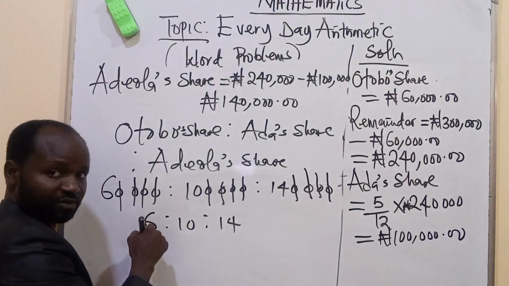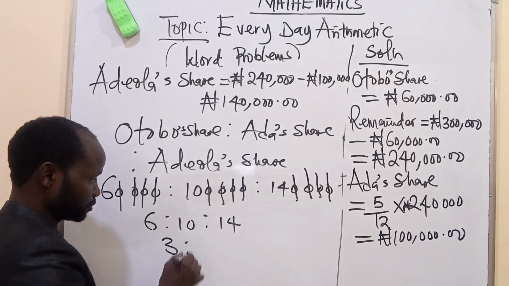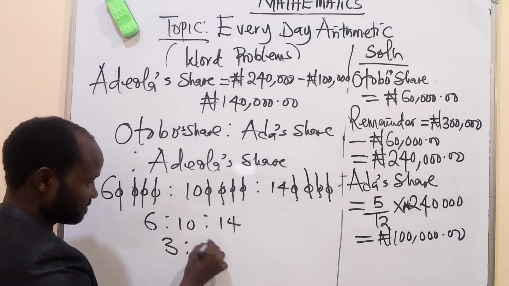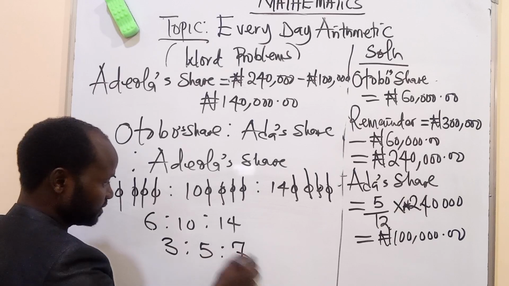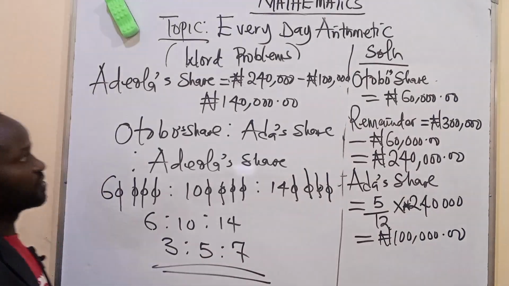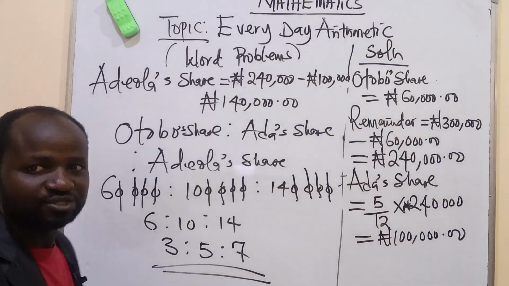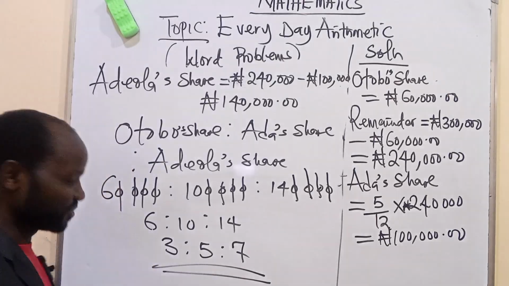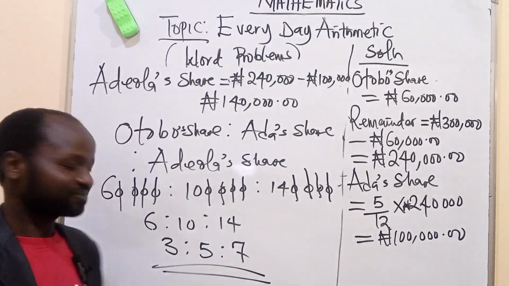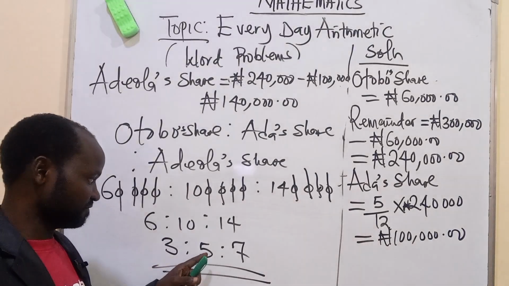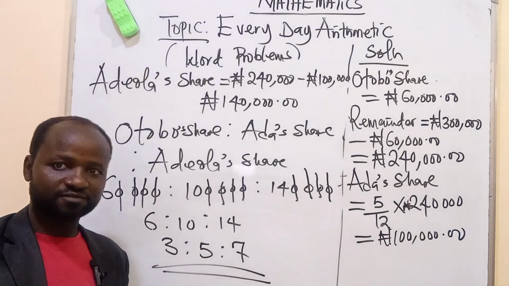So we can divide 6 by 2, that will be 3. We can divide 10 by 2, that's 5. We can divide 14 by 2, that will be 7. So the question says, in what ratio was the money shared? The money was shared in the ratio 3 is to 5 is to 7.